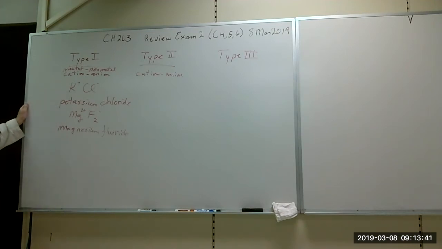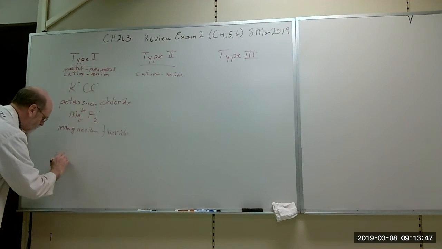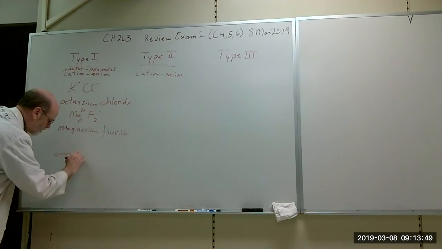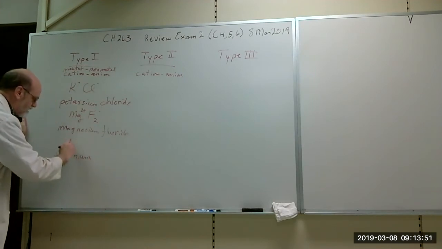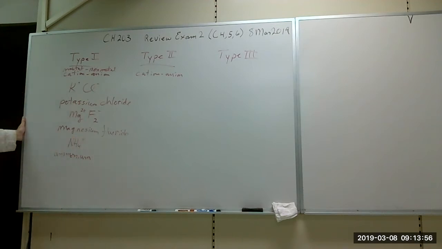The only cation in the polyatomic chart is ammonium. Okay, it's NH4, and it has a +1 charge.